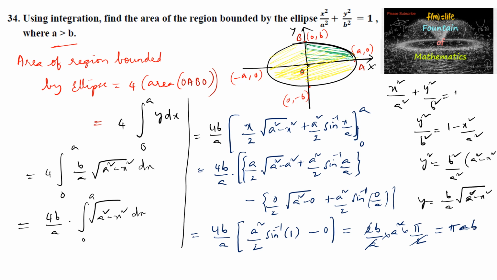So we can say that the area of the region bounded by ellipse is nothing but pi into ab, so pi ab square units. Okay, pi ab square units is the answer.